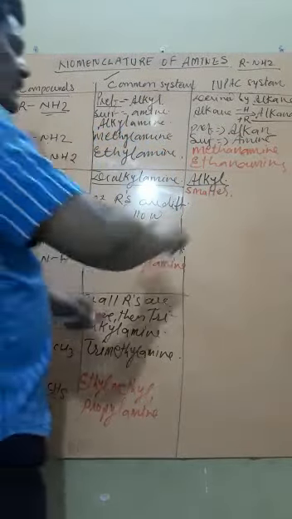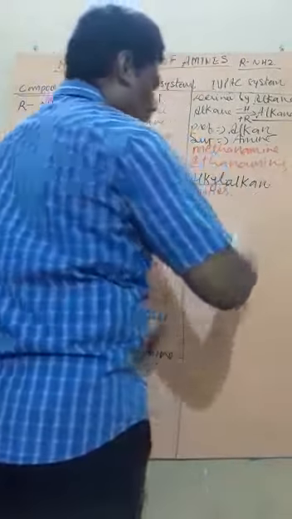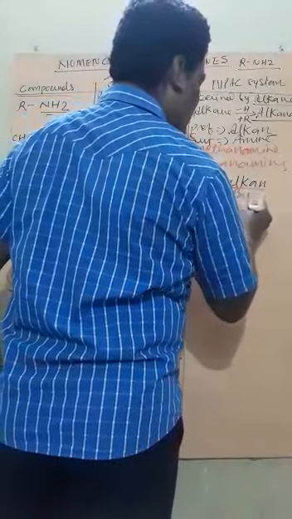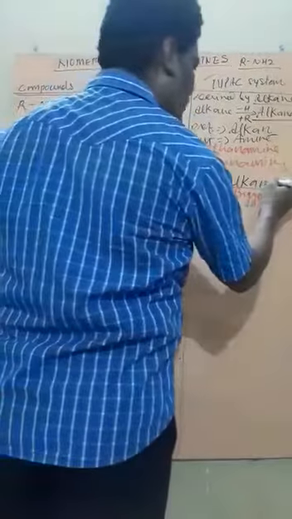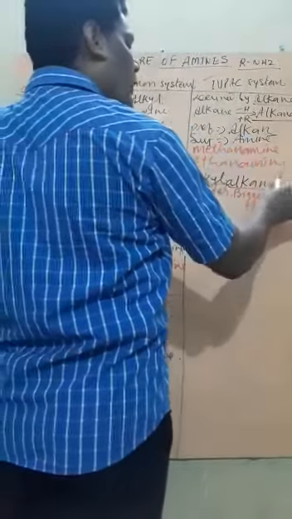The second will become alkane, and this alkane must be of bigger size. Here the size plays an important role in the IUPAC system. Then our suffix is amine. So alkyl, alkane, amine.